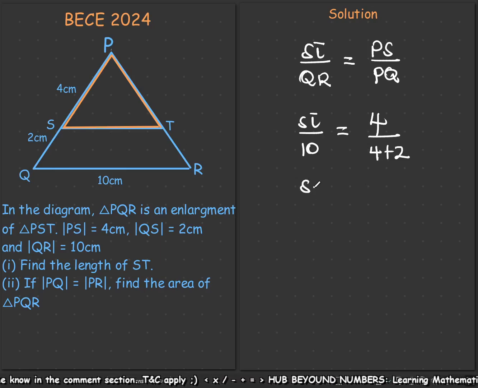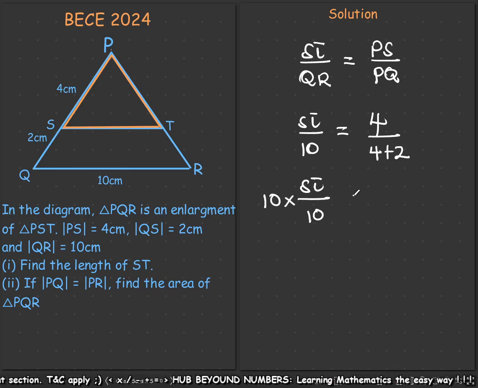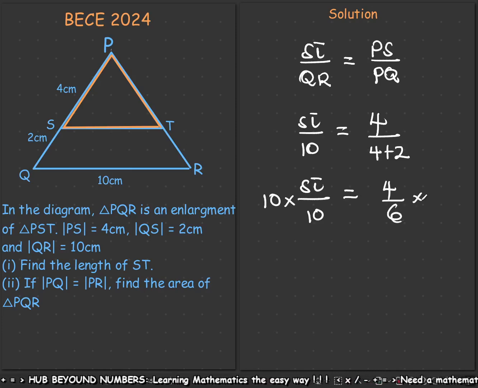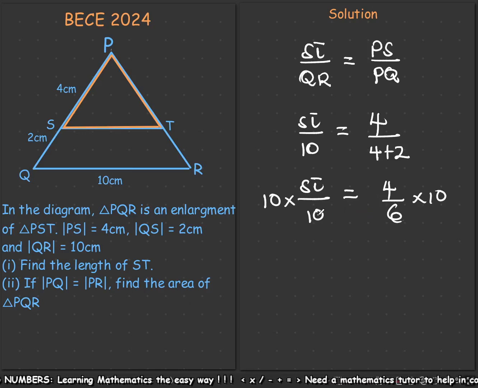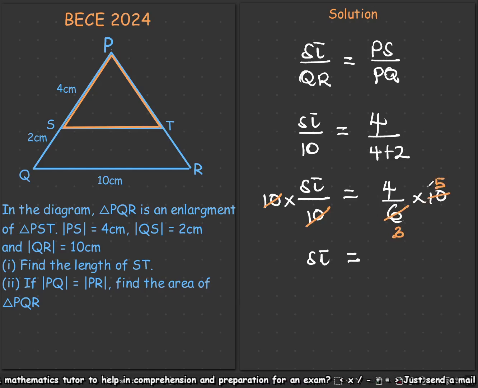If we want to make ST the subject, we have to multiply each side by 10, or you can cross multiply. That changes nothing, it's just the same thing. So this 10 divides this 10, and on the left hand side we have ST is equal to, simplifying, 2 dividing 6 thrice, and 2 dividing 10 five times.